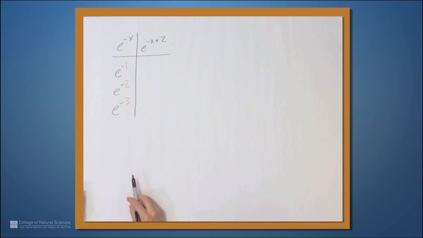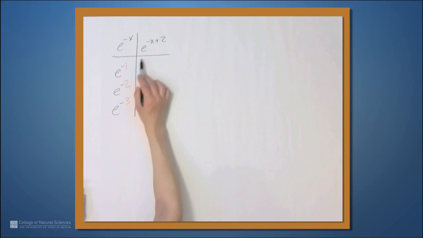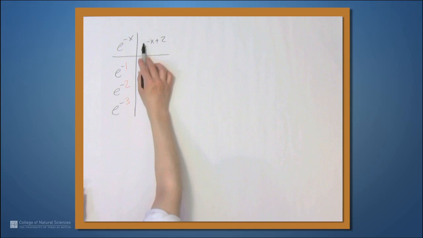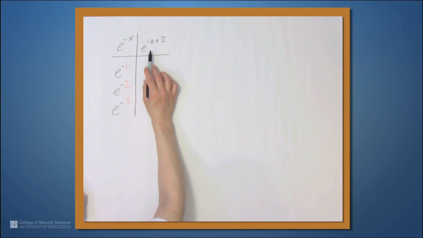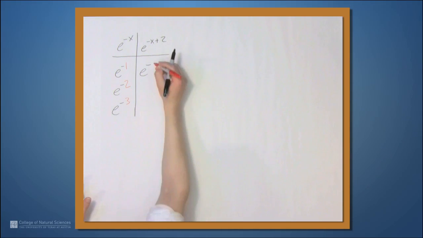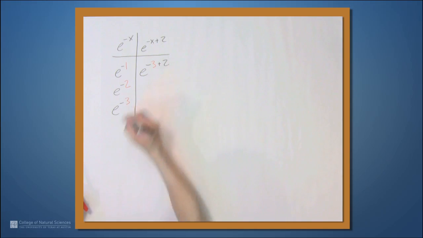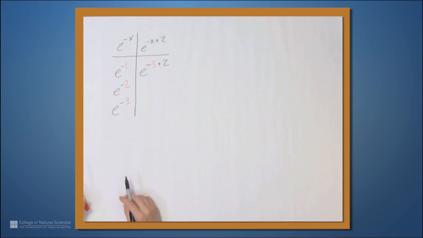So how do we get the same exponents on the right-hand side? Well, if we want this to be negative 1, we need this whole quantity, the negative x, to be negative 3. So that means we have to make x equal to 3. So we have e to the negative 3 plus 2. Right? Negative 3 plus 2 gives us negative 1.